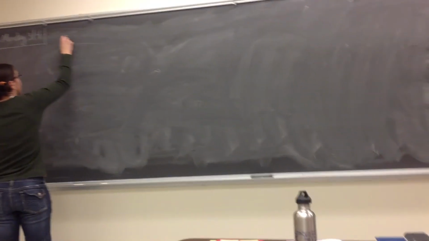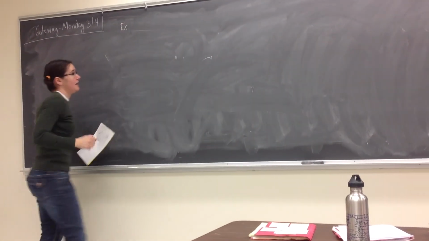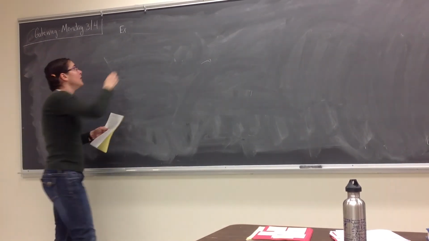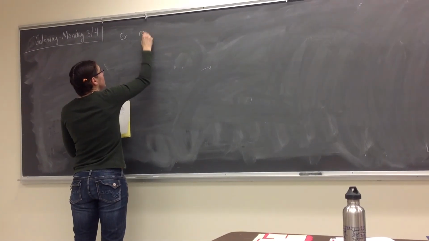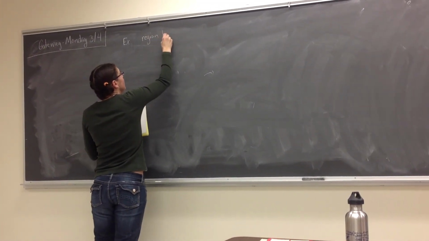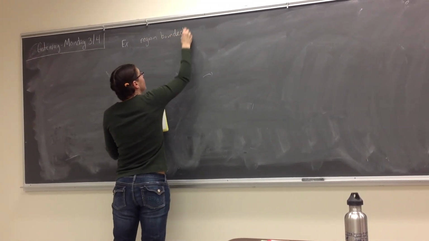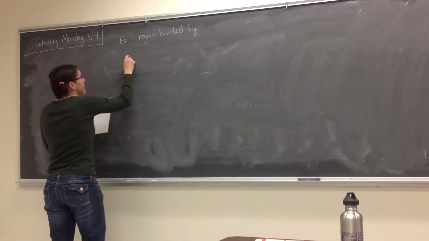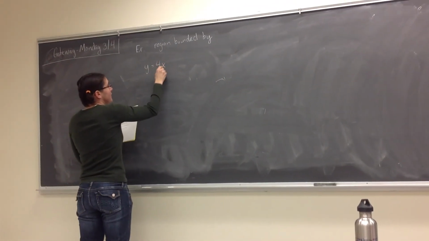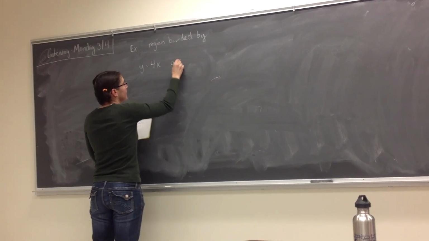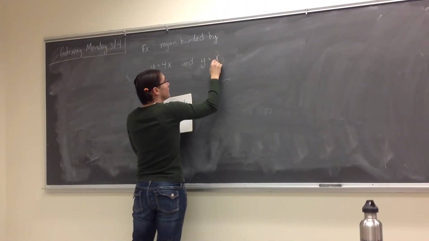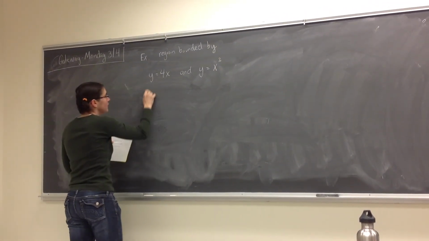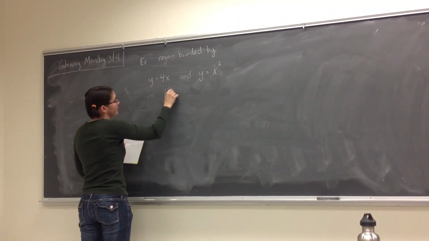Right, so the example that I want to talk about today, the one that I didn't quite get to last class, is we are going to look at the region bounded by y is equal to 4x and y is equal to x cubed in the first quadrant.